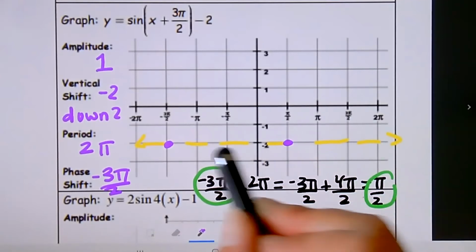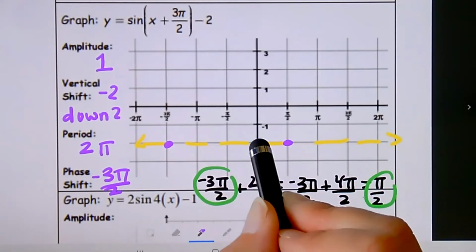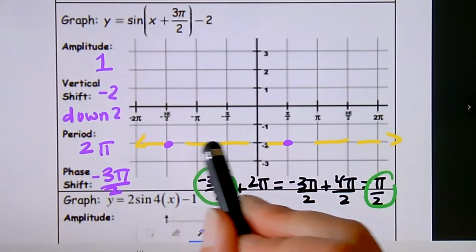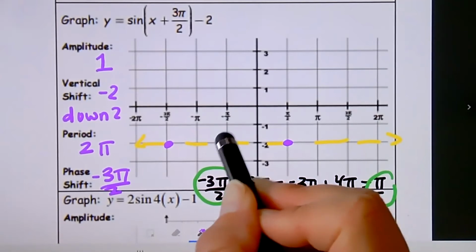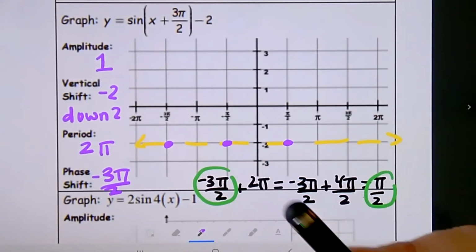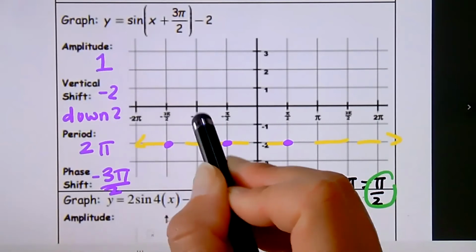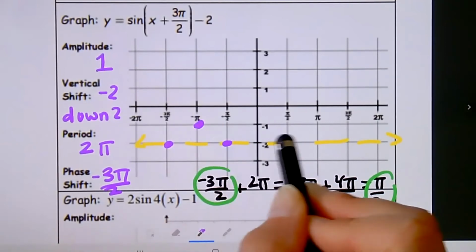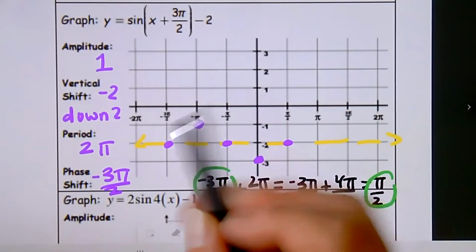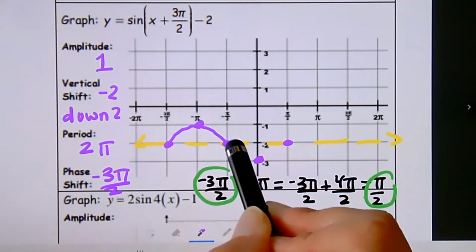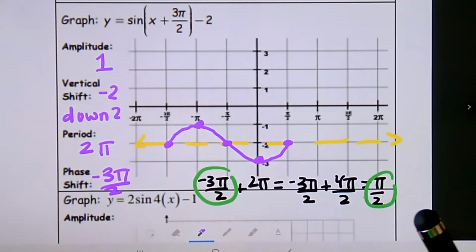Now halfway in between, I'm also at 0. Again, my amplitude is 1, so halfway in between those, I'm going to be up at 1. Halfway in between these, I'm going to be going down 1. And there's my sine, okay?